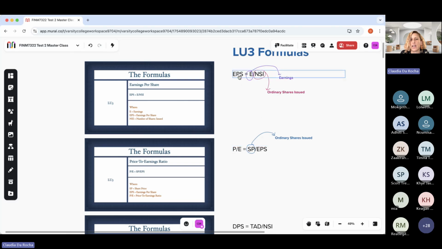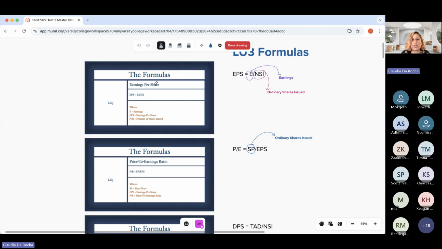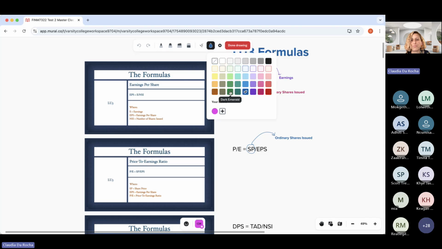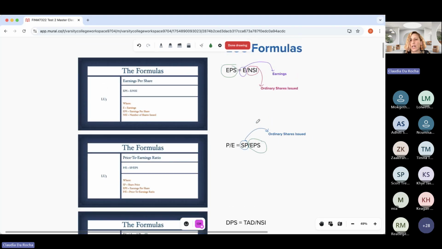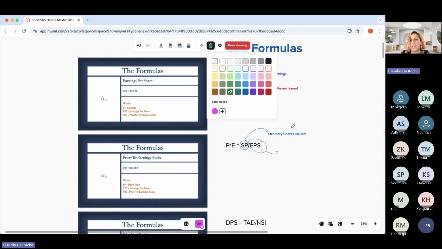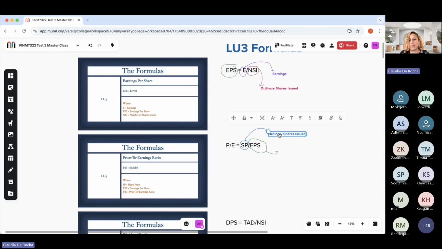As you can see here, with your earnings per share and your price earnings ratio, EPS exists here, EPS exists here. Therefore, we know that there's a way to calculate EPS in a different manner. It's very important that you understand that, and that you can manipulate the formula, which I will show you today in any case, because our question today does look at doing that.